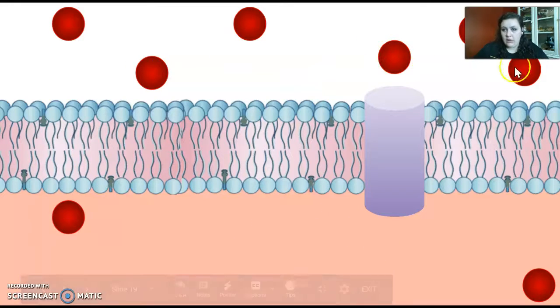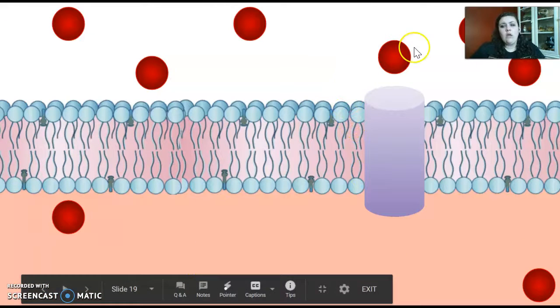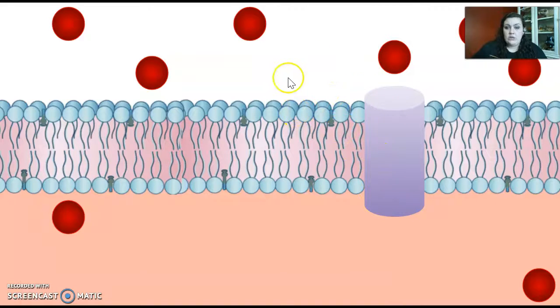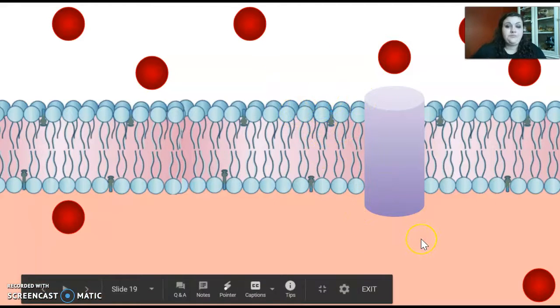We've got 6 over here and 2 over there, so they will move through until there's about 4 on either side. They reach equilibrium, and everything is fine.